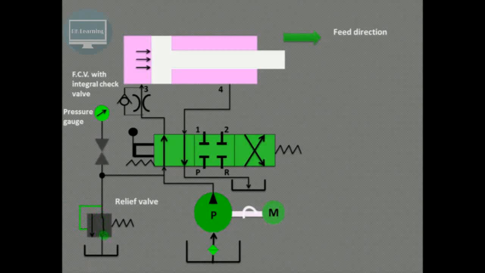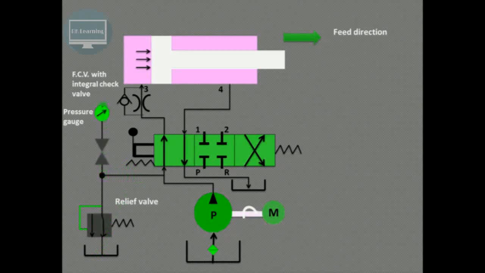So the position will be like this, and the liquid that will be flowing from this pump will be coming over here, and then it is going directly back to the receiver. So no further operation will be performed if the pressure exceeds the design pressure.